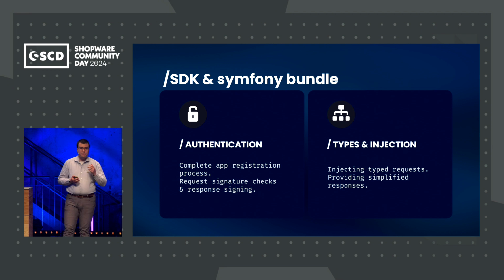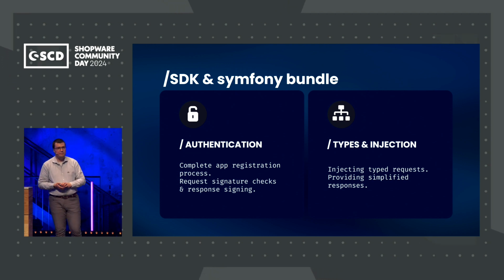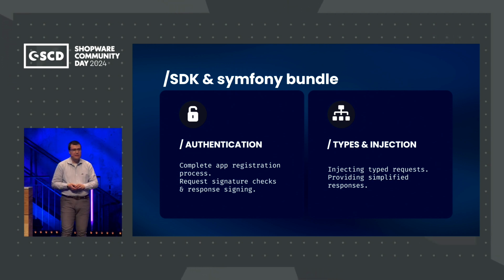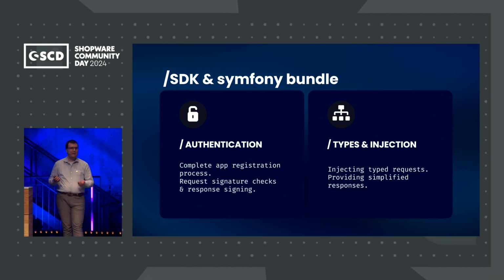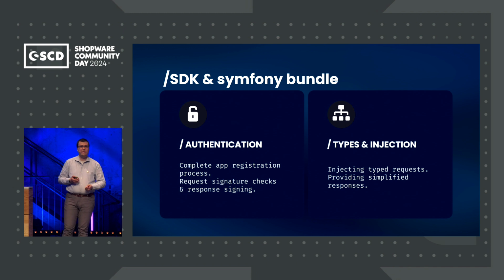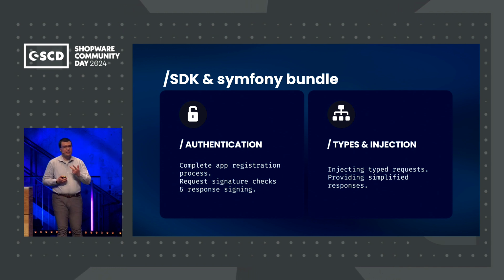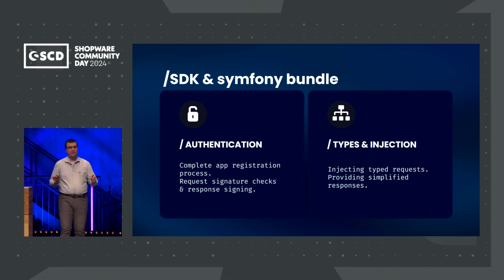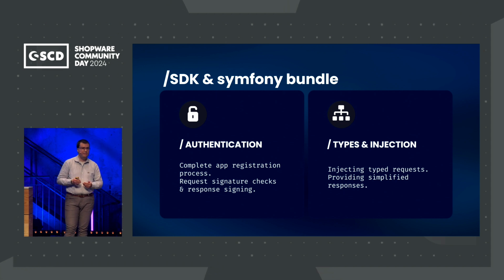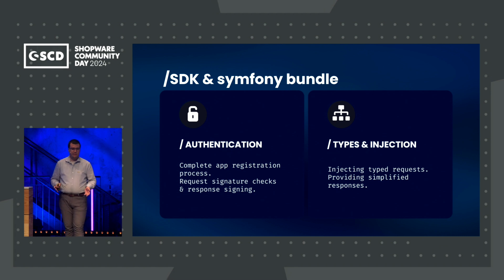What the SDK and the app bundle do for you is include all the authentication that you need with Shopware, so the registration and signing, etc. All that you may have heard about during the early days of the app system is all done for you. You don't have to implement anything else.